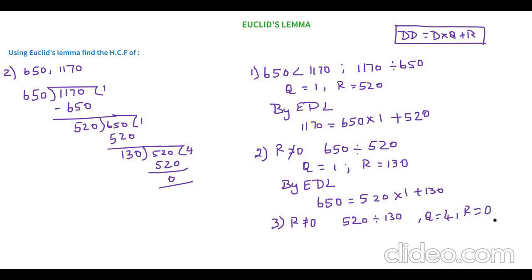So now since the remainder has become 0, we will stop with this. So now the HCF of 650 and 1170 is 130. So this is the highest common factor.